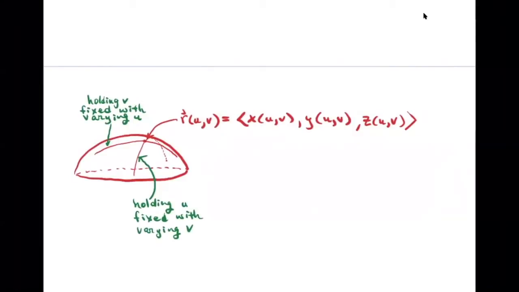Okay, and the idea is that if we hold V fixed with a varying U, the tangent vector, and I'll start at this point of tangency and kind of go down like this, that would be R, again, varying U, that would be R_u. And I think I drew that too long, so I'm going to shorten it.